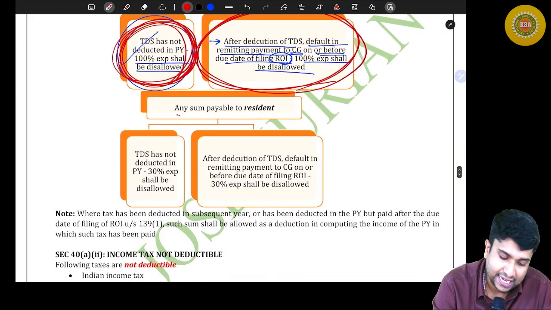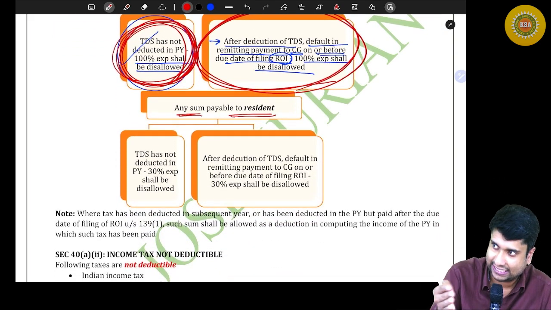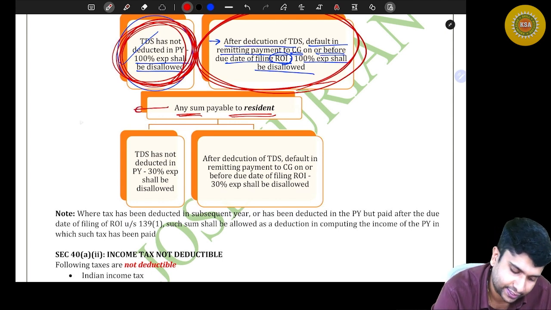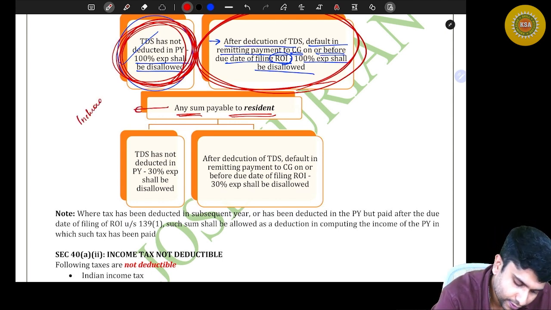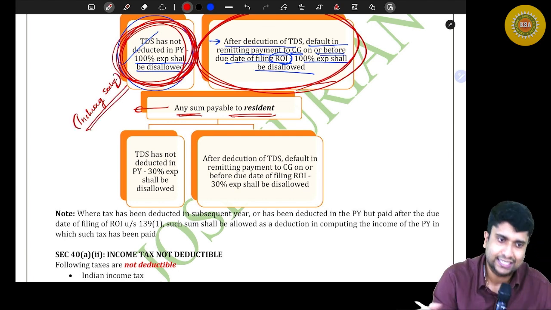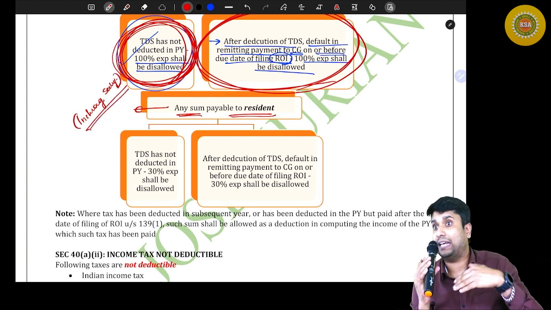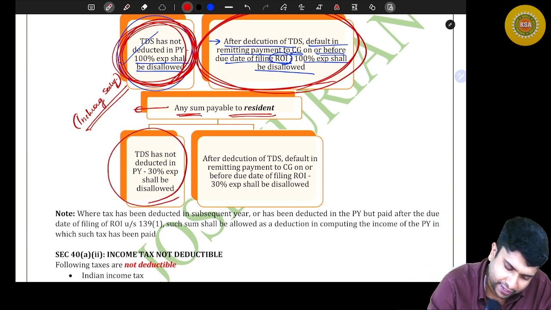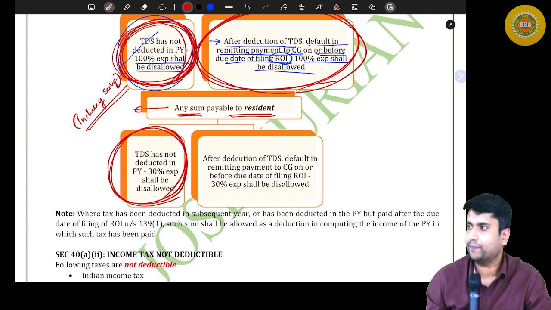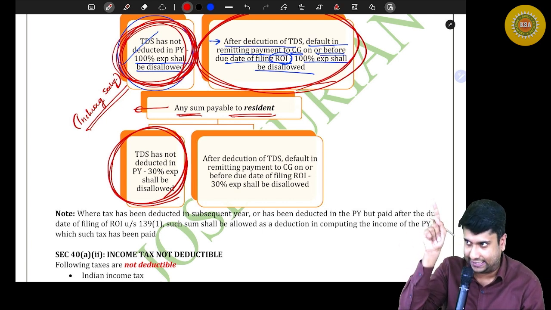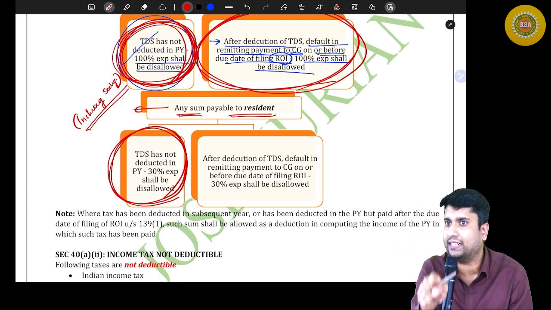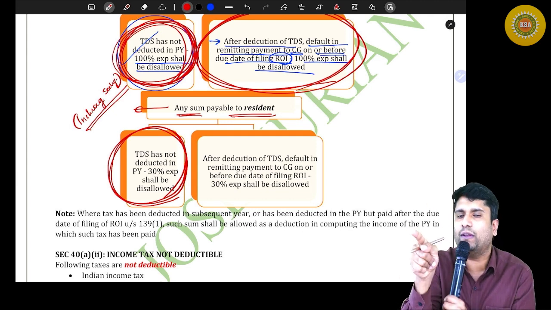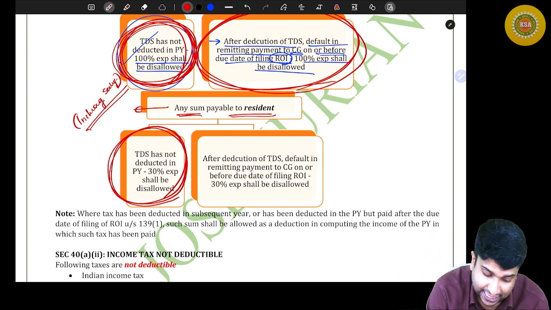Similarly, if any sum is payable to a resident, any sum including salary, we can say any sum means everything, which includes salary as well. In the example, if JK is a resident and TDS has not been deducted by KS Academy, then how much will be the disallowance of KS Academy? 30% of 10 lakh shall be the disallowance.